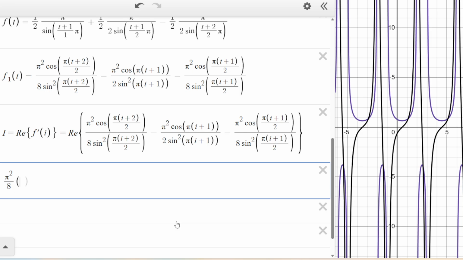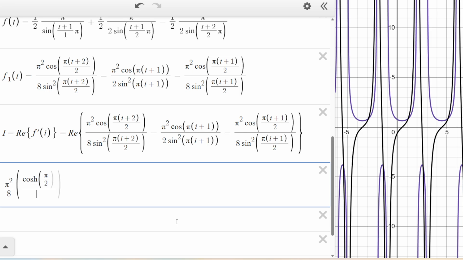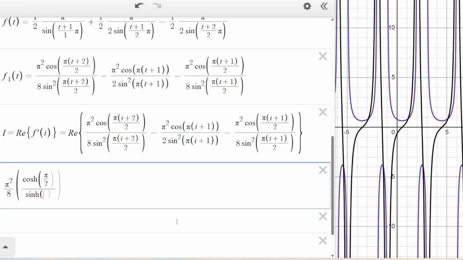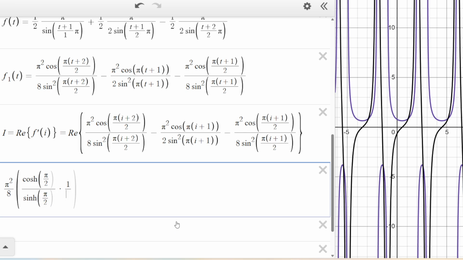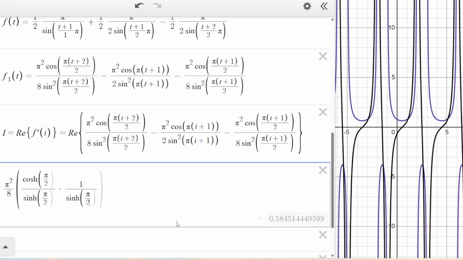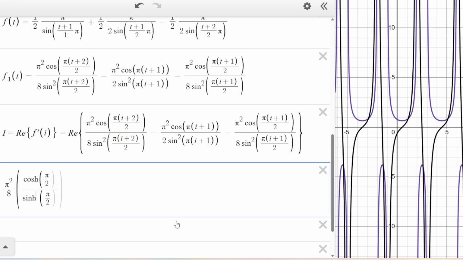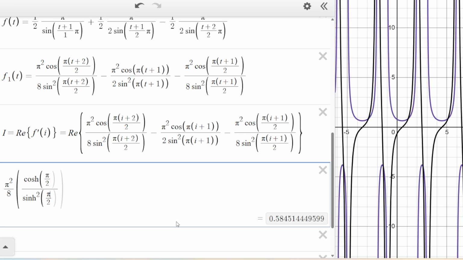So pi squared over 8 times, and it says cosh of pi over 2, sinh of pi over 2, times 1 over sinh of pi over 2. I'm not sure why it didn't just say sinh squared of pi over 2.